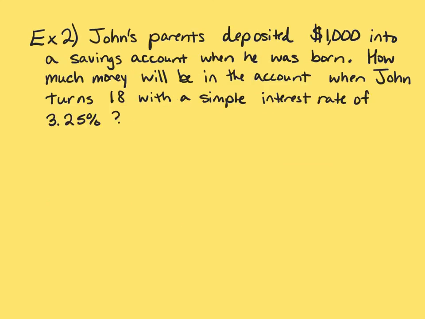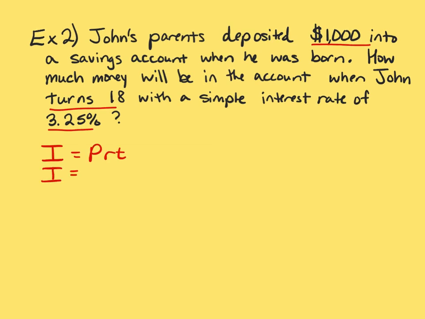Example 2, John's parents deposited $1,000 into a savings account when he was born. How much money will be in the account when John turns 18 with a simple interest rate of 3.25%? So we want to find the total amount of money, but we're going to start with interest by using I equal PRT.